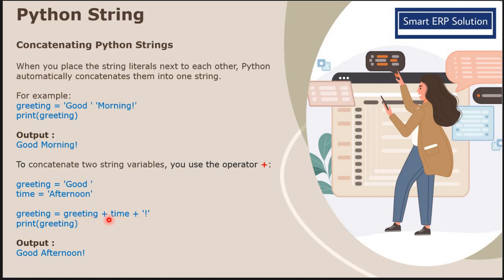This is the variable, so we need not put any single or double quotation. And this is the string, so we need to write this exclamation mark within the single quote. Then print greeting. If we run this program, we will get the following output. Output will be good afternoon with the exclamation mark.